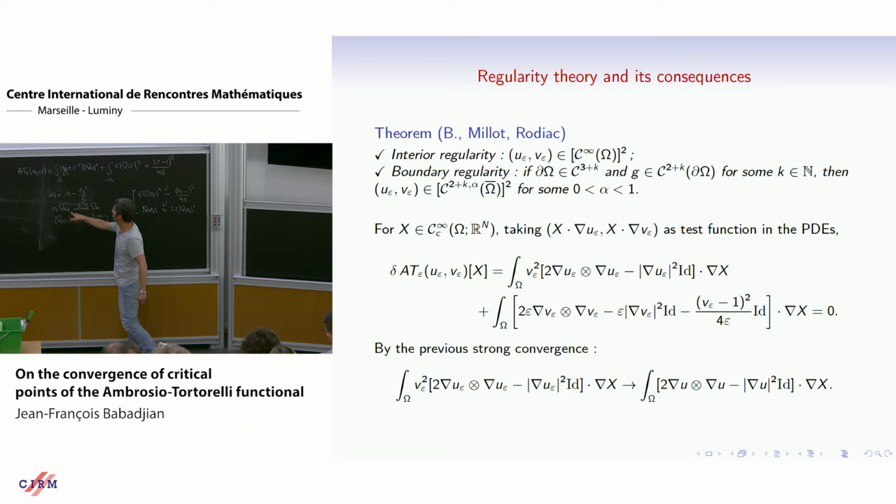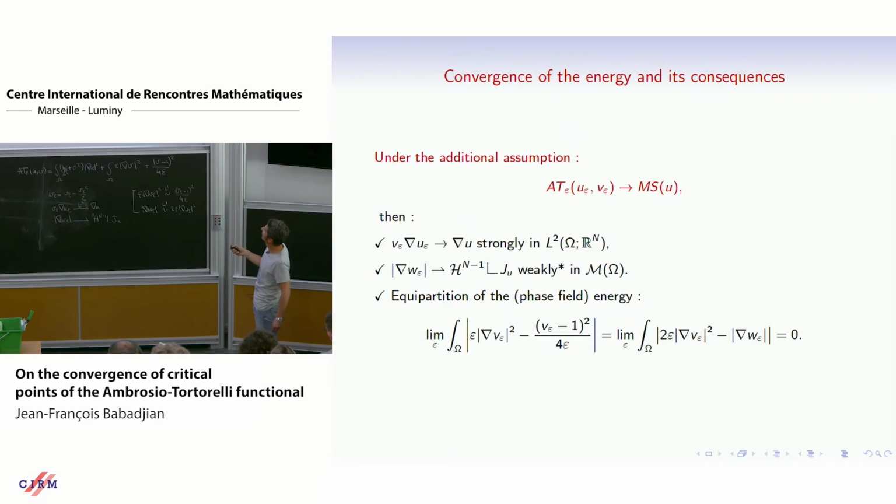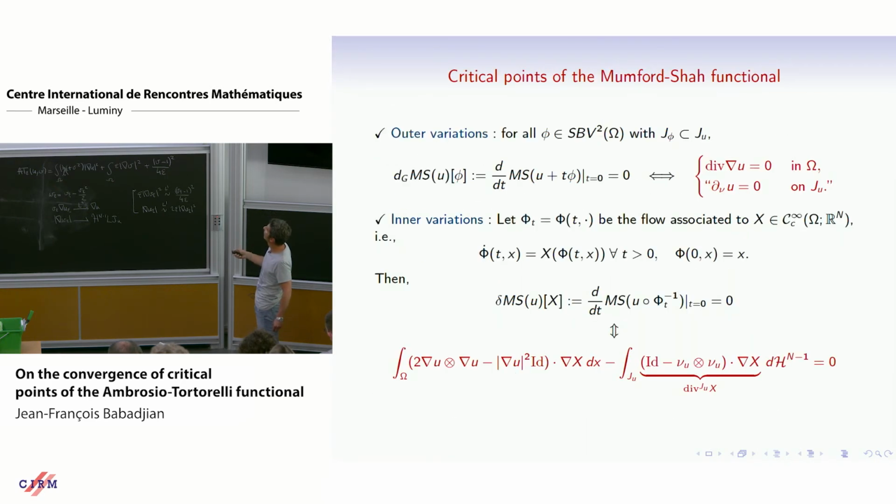V epsilon grad U epsilon converges strongly, so I can easily pass to the limit in this expression, and I get this one, which is exactly the first term which appears in the inner variation of the Mumford-Shah functional. So if I come back several slides before, this is exactly this first term here. So we are happy, at least we recovered one term in the inner variation.